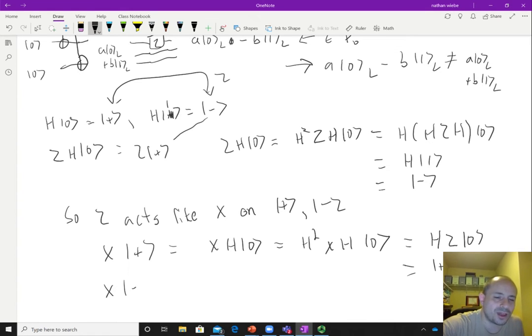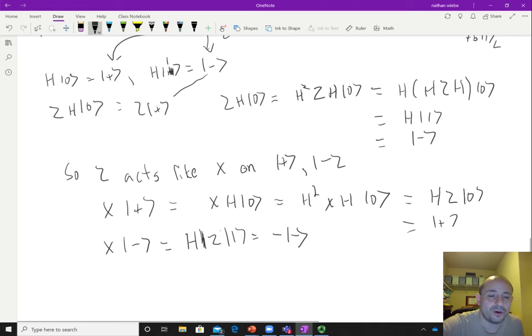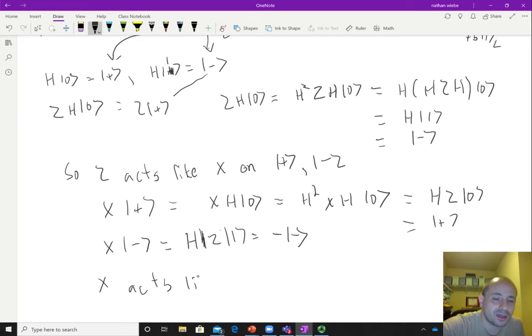Similarly, going through the exact same reasoning on the minus state, we end up getting HZ|1>, which is equal to minus times minus. So this implies that X acts like Z on plus and minus.